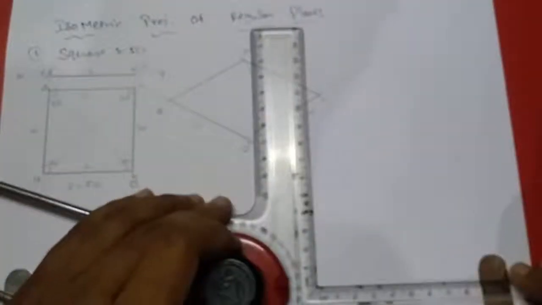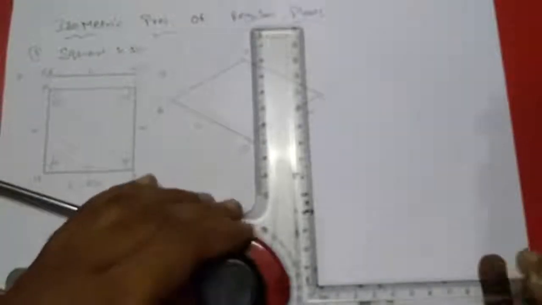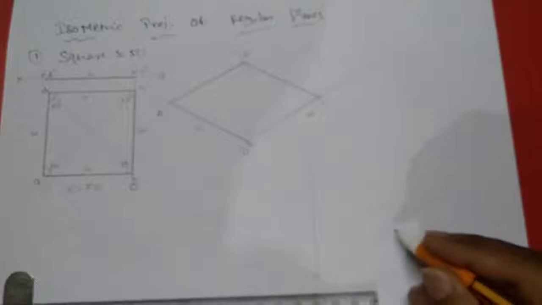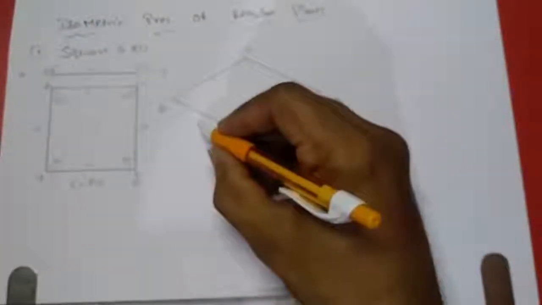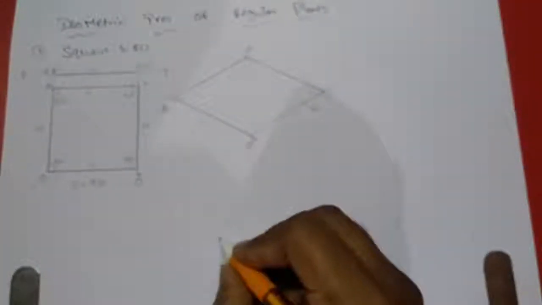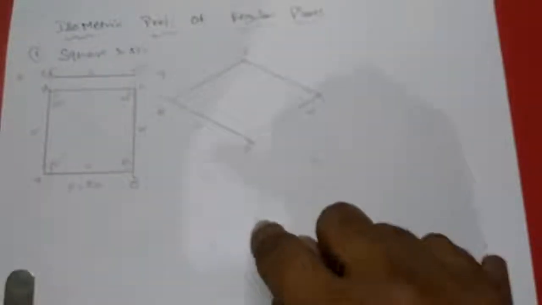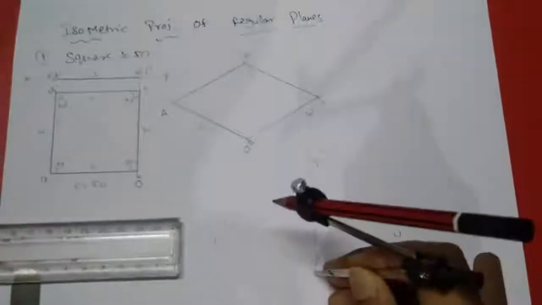And here I have to consider height, because in front view we can see the height and length, right? We can't see the width. So I'm considering this has length, this has width, similar over here, length, width, and this is height. Okay, I'm drawing the figure over here in the same manner.